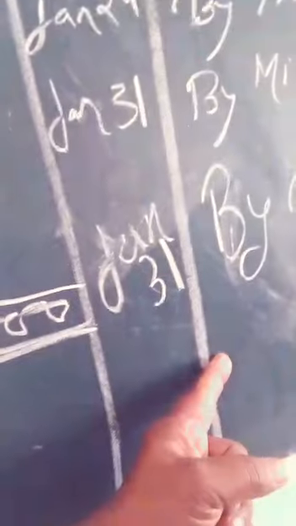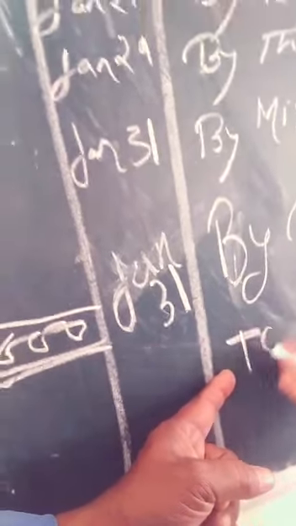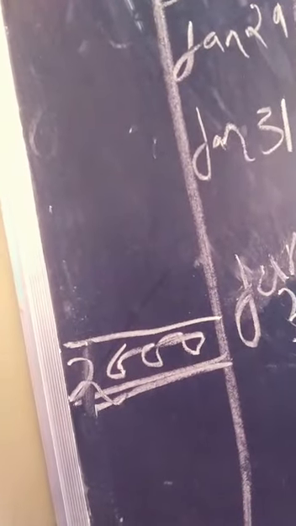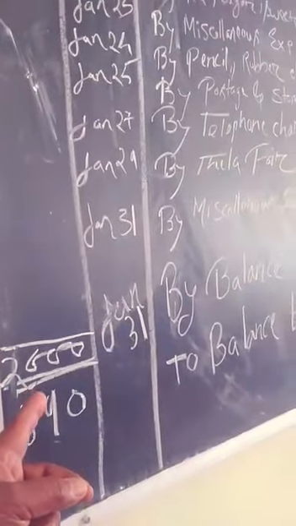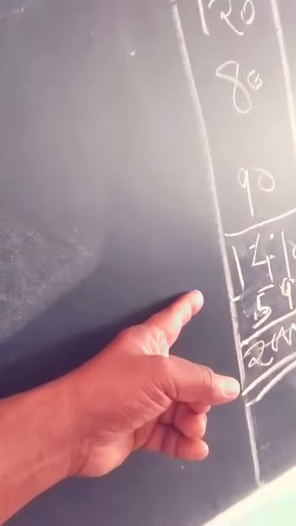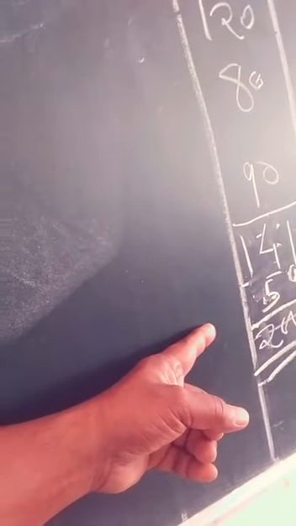You write here to balance B/D, and this 590 will be coming here. See, out of 2000, they have spent 1410, so they have 590 in hand.